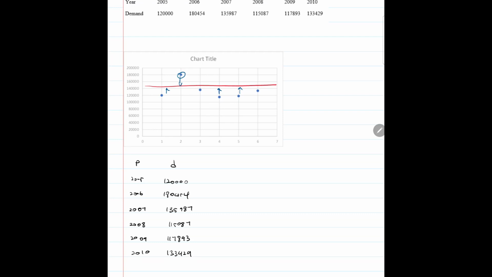Okay, so for the moving average, we simply have to add the demand from 3 periods and just get an average. So here we have nothing, and here we just add up the 3 demands, which will come out to be.